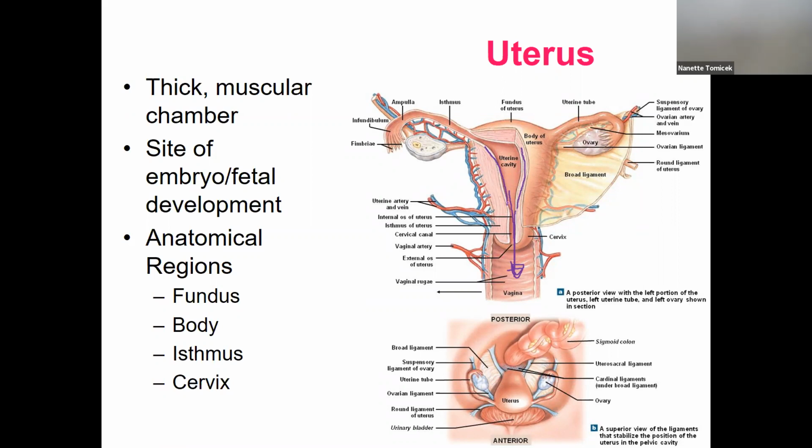So all of your menstrual fluid is also coming through here. And then the only thing that's going the opposite direction, we just mentioned before, sperm cells have to be able to find their way into the cervical os and figure out which way they're going to swim once they get through the uterus and into the uterine tubes.